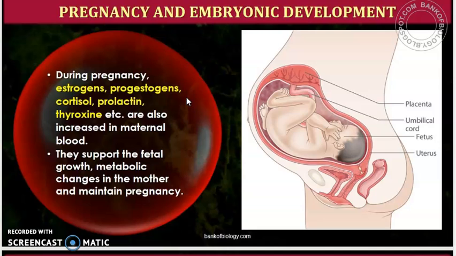Only when the endometrium is held properly can the growing fetus be kept in position, or else what will happen? These layers might get ruptured, right? So the secretion of other hormones like estrogens and the rest supports fetal growth, helps in metabolic changes in the mother, and also helps in maintaining pregnancy.